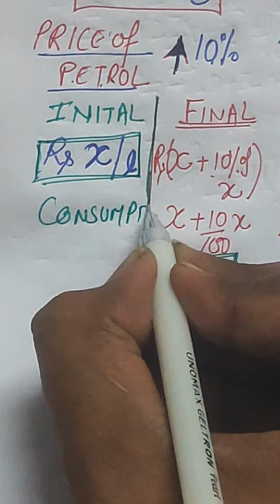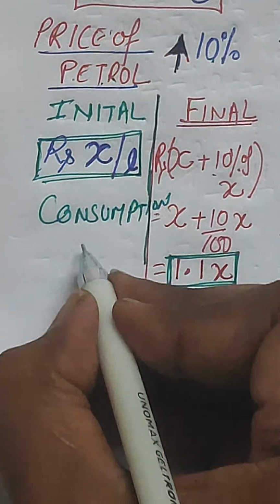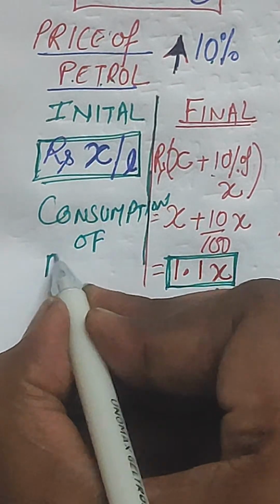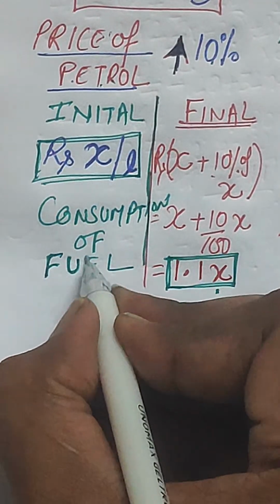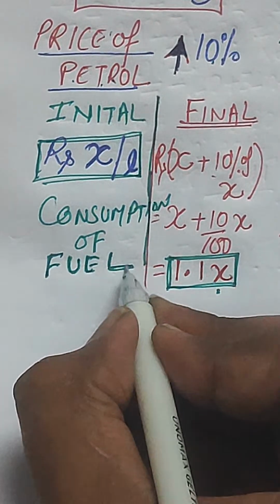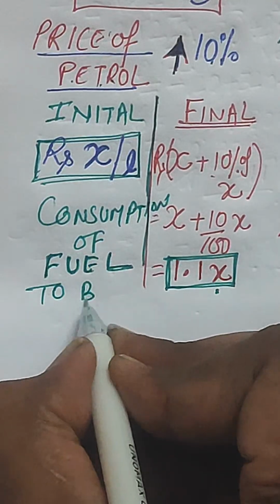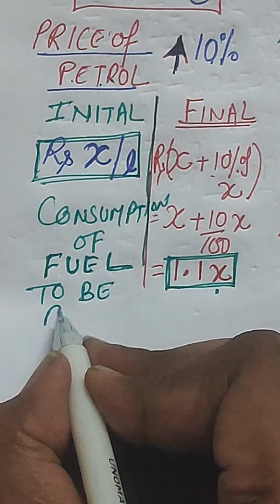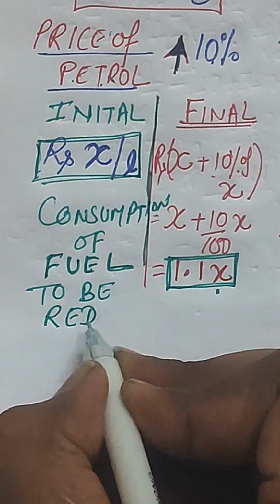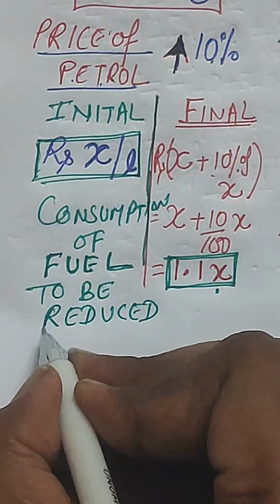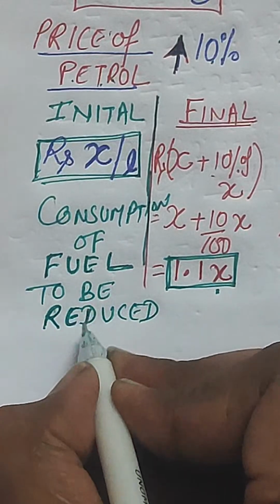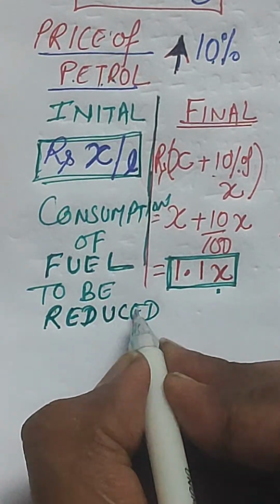Consumption of fuel to be reduced, because we have that much money with us only, right? We have no more money. Suppose whatever the pocket allowance which is given to you by your parents, that amount is fixed.